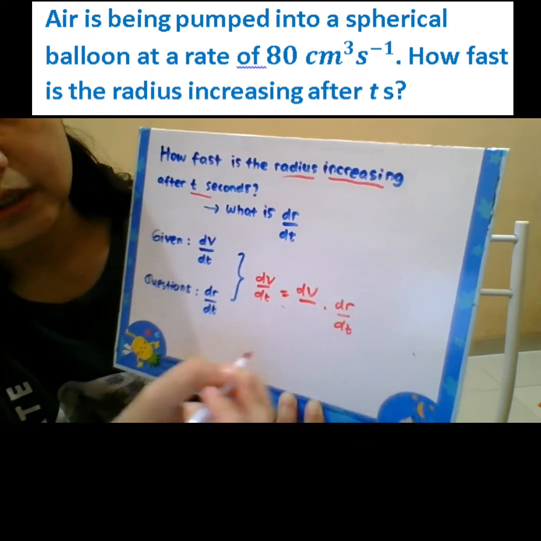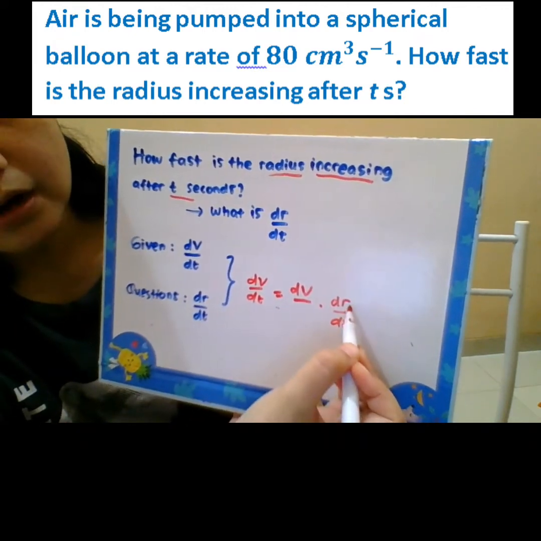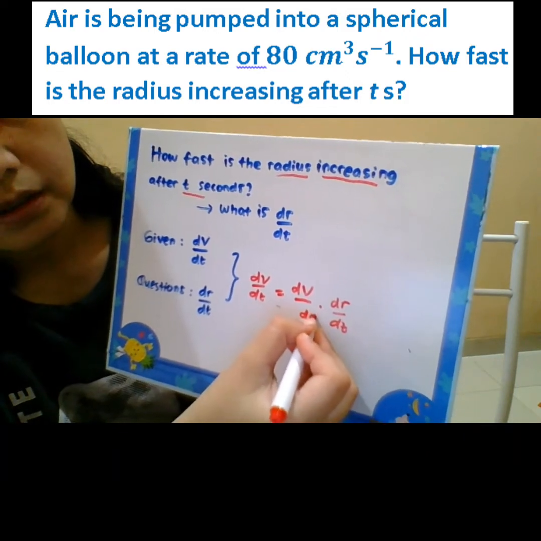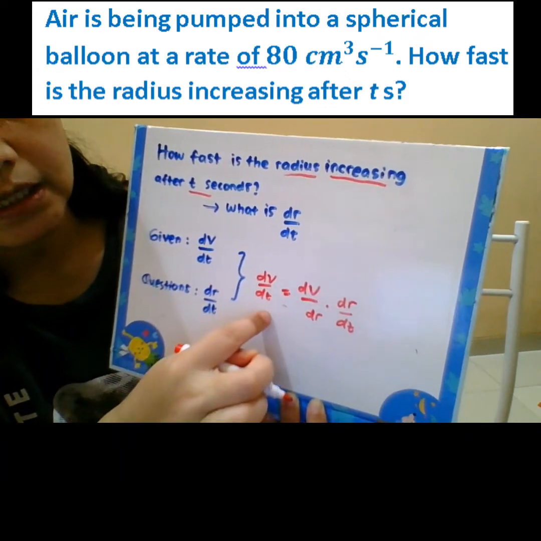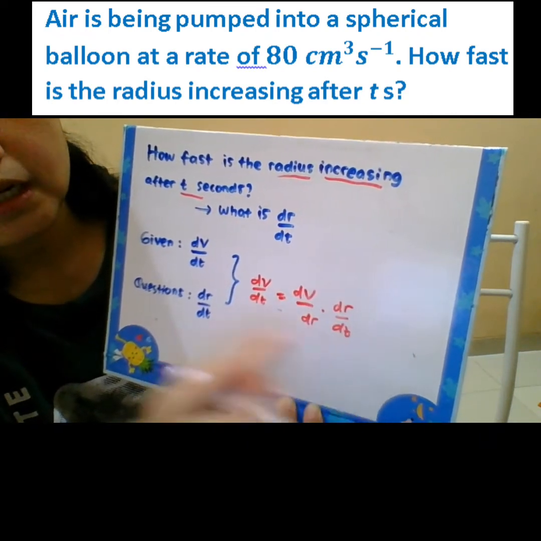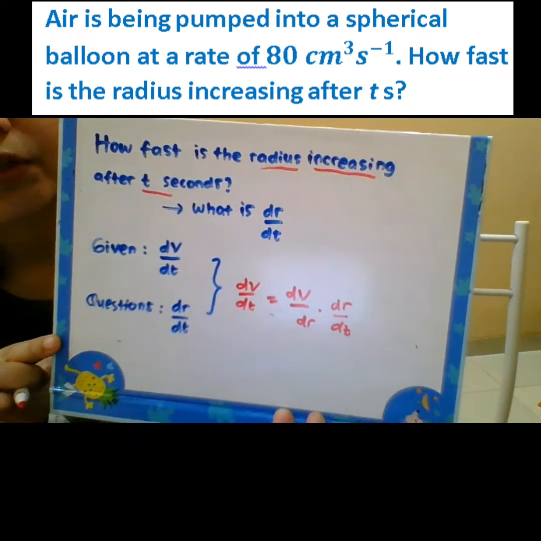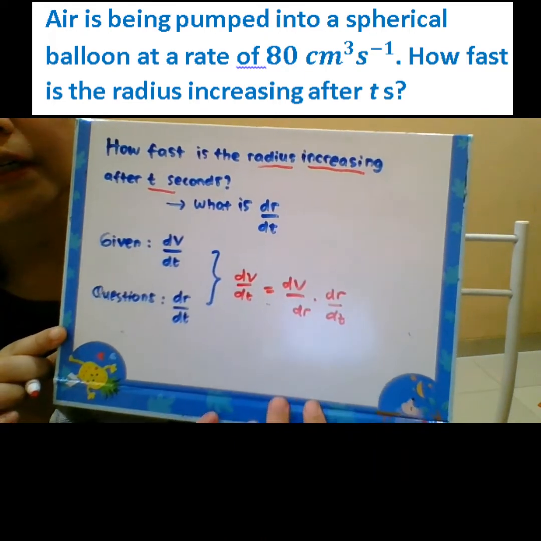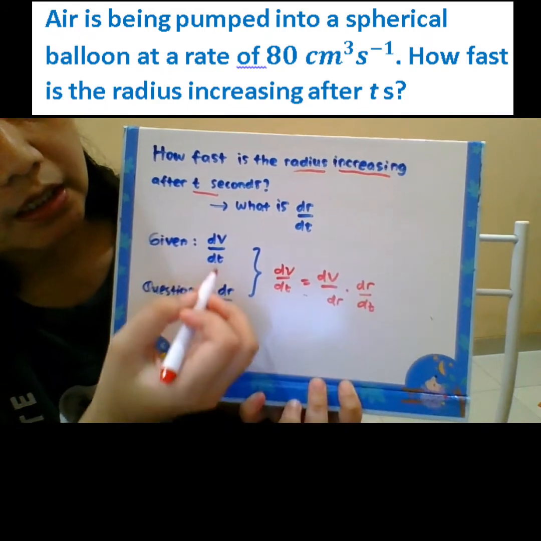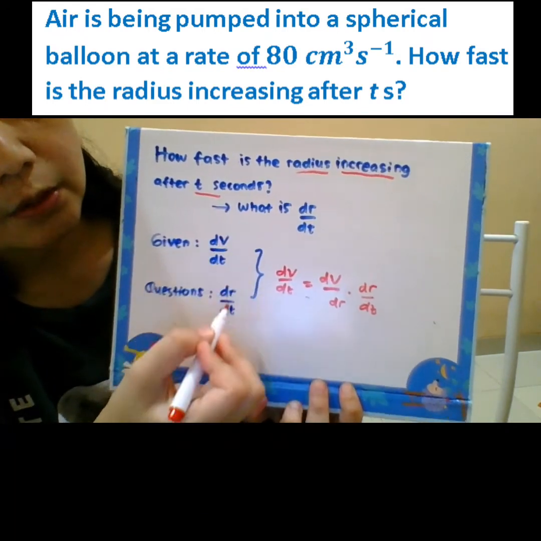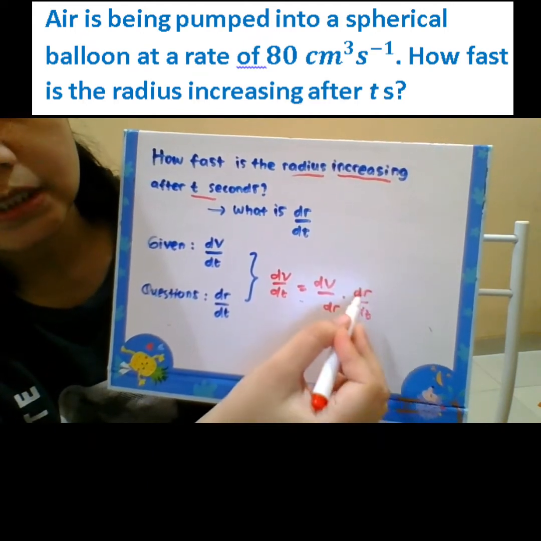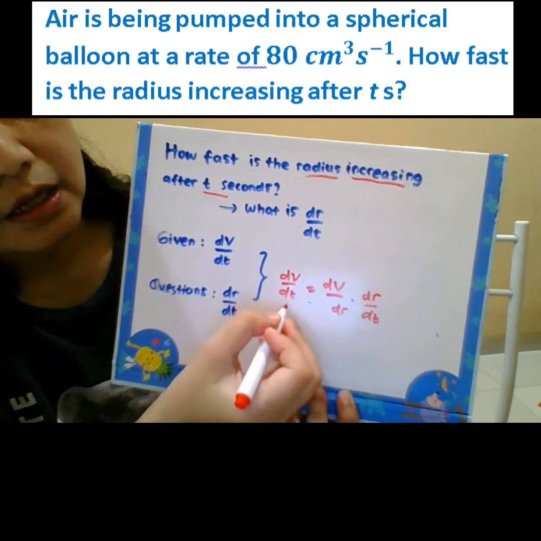You put it like this because this one is dr, so of course here will be dr also. So dv per dt is equal to dv per dr times dr per dt. It's given dv per dt. The question is dr per dt, so you should find dr per dt, and for that we first need dv per dr.